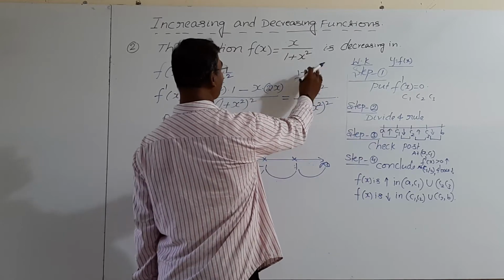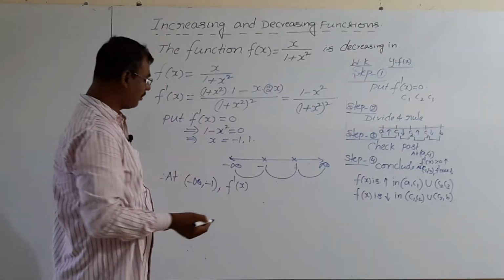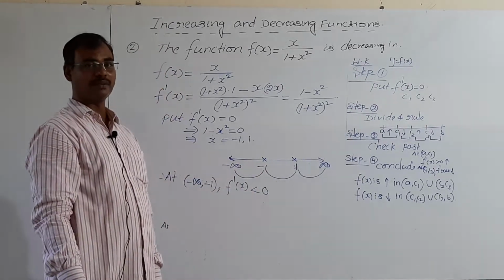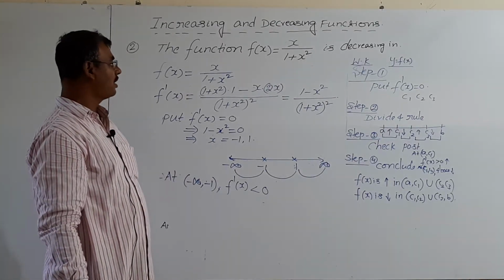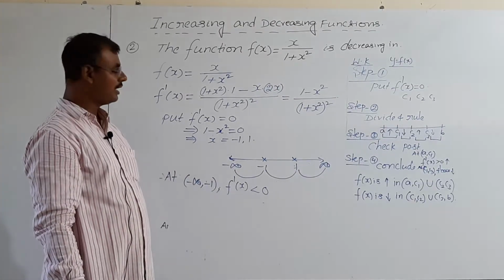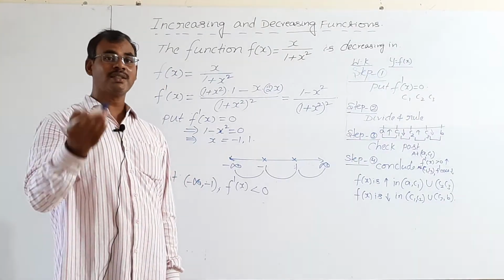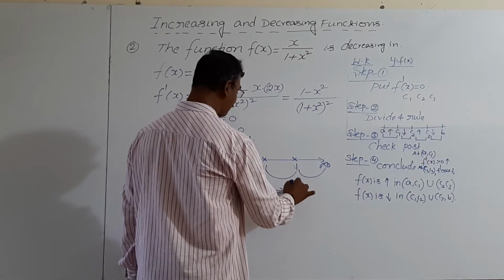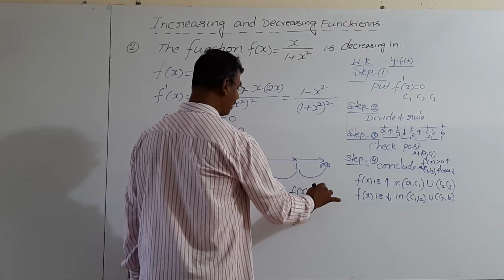So 1 minus 4 becomes negative. Negative means less than 0, so in this interval the first derivative is less than 0. What is the meaning of less than 0? f of x is decreasing.